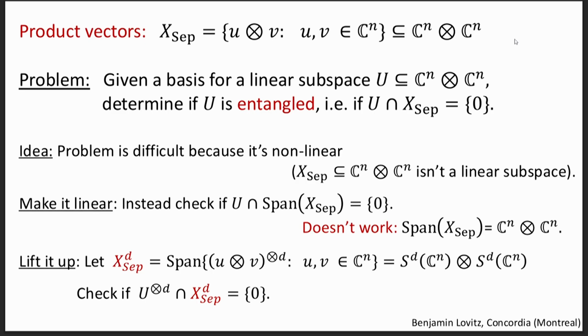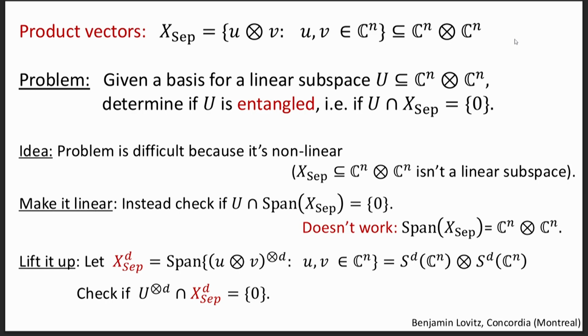And if you rearrange terms, this span is S^D of C^n, the symmetric subspace of C^n tensor D. Like the U tensor Ds span the symmetric space, and the V tensor Ds span the symmetric space. So it has this nice, small description in terms of the symmetric spaces. And the algorithm, this lifted algorithm, is to check if U tensor D has any intersection with X sub D.